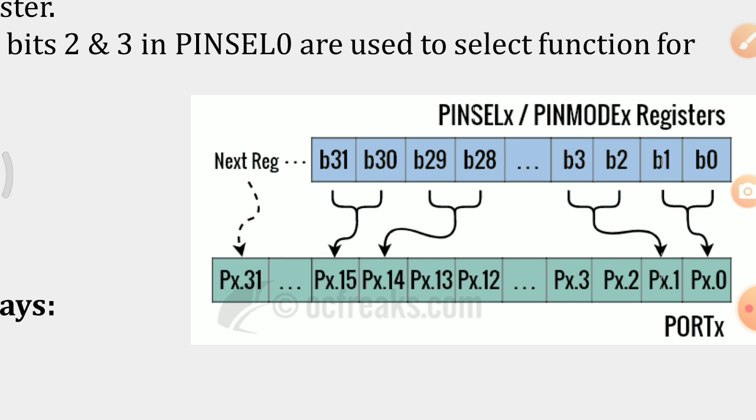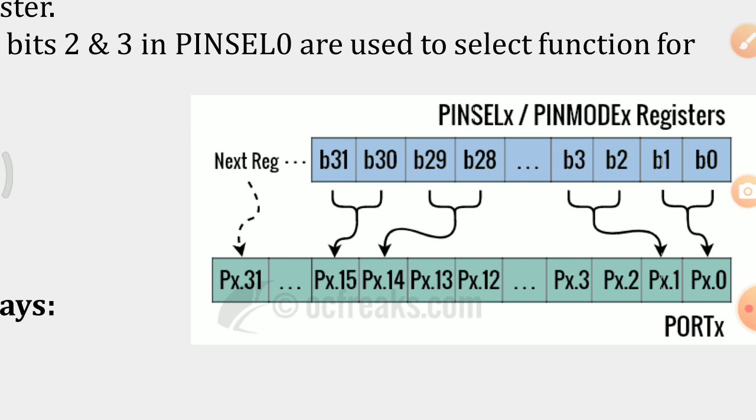If I want to go for PX.16 to PX.31, then the next register after pin select 0 is pin select 1. So for one port we have 2 pin select registers.